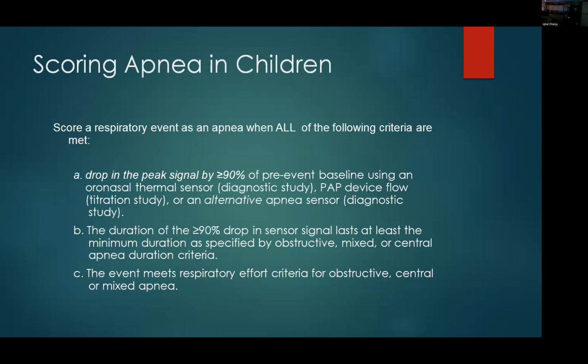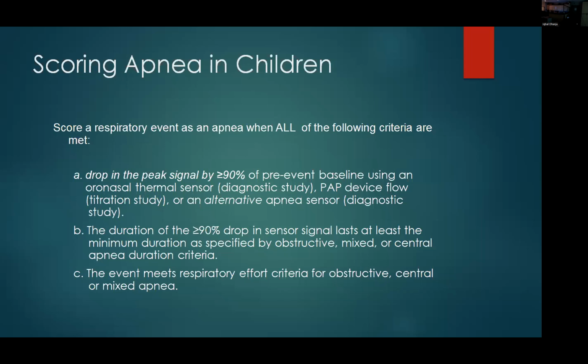Score a respiratory event as an apnea when all the following criteria are met. There is a drop in the peak signal of equal to or more than 90% of the pre-event baseline, using an oronasal thermal sensor in a diagnostic study. When you do a PAP study, it's from the PAP device flow.